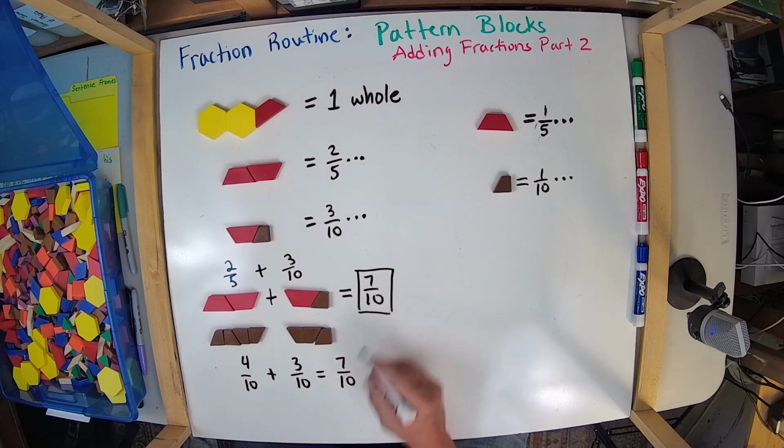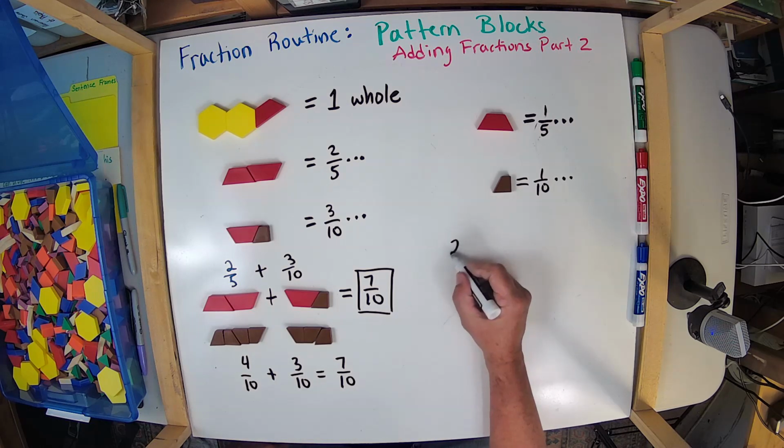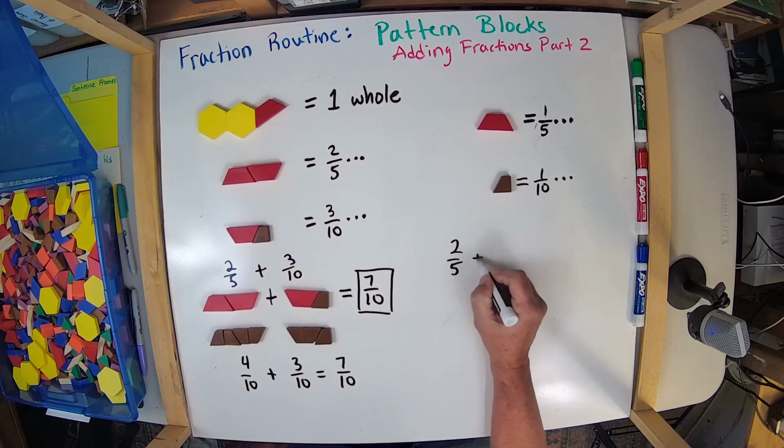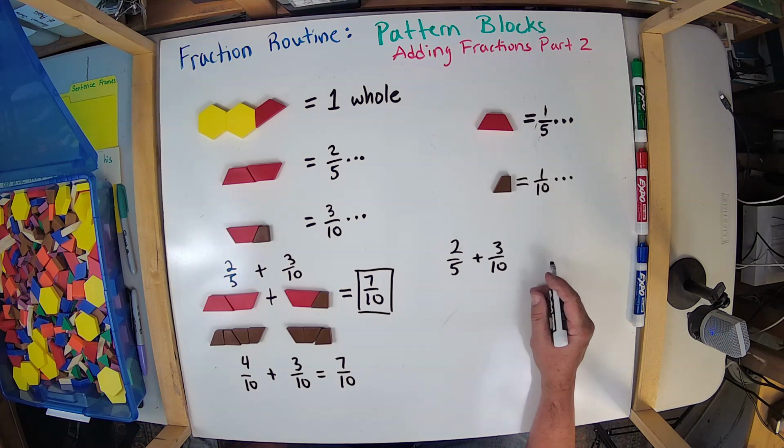Remember, if you are a teacher who has already taught an algorithm for this, then when you teach kids to do 2/5 plus 3/10, it might look something like this. You would say, oh, I have to find a common denominator.